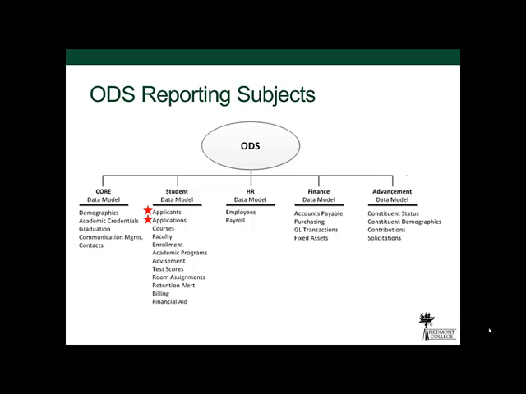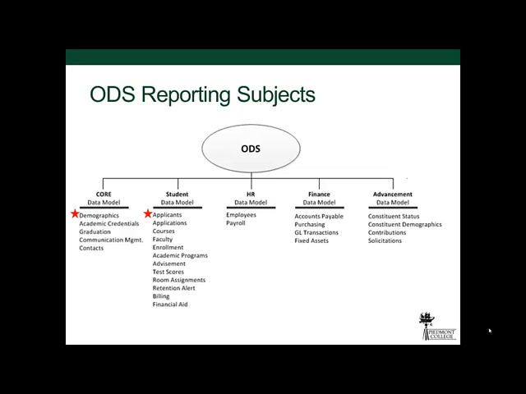And some subjects are related to other subjects. For instance, applicants and applications are related because applicants file applications. Also, a subject area in one data model may be related to a subject in another data model, for instance, demographics and applicants. Each applicant has a demographic record.